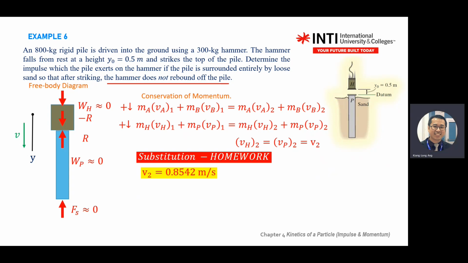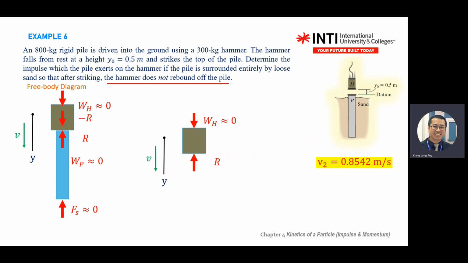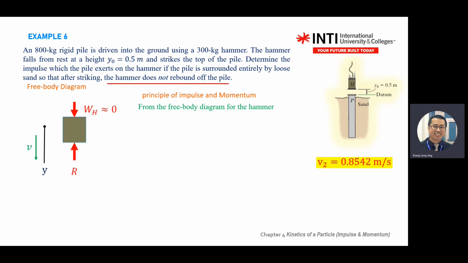Then you cannot get confused. Important: when you can use it or when you cannot use it. Normally for the principle of impulse and momentum, we use it to solve for an individual body. We look at the free body diagram of the individual body. So in this case, we look at the hammer. Then we use the principle of impulse for the hammer. You can see the free body diagram on the left, and then the impulse momentum principle.